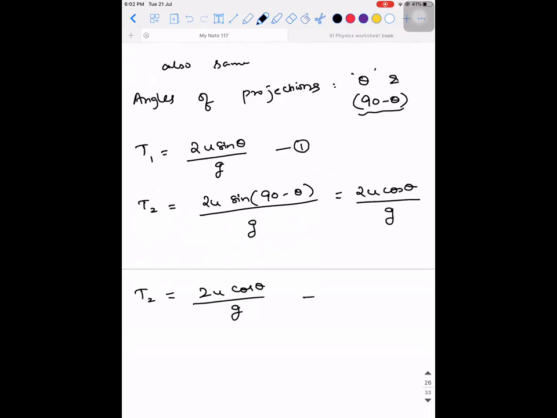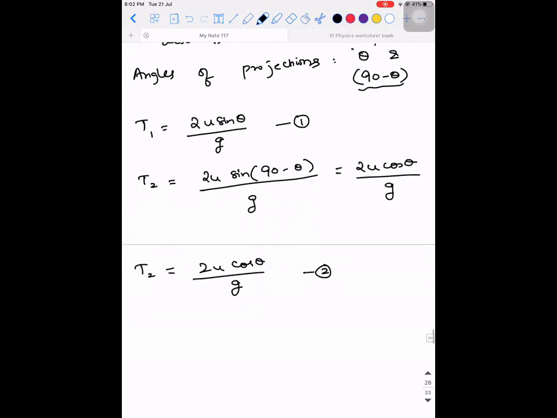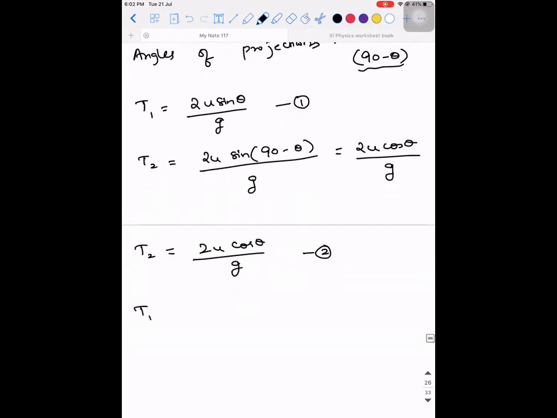They asked for the product of the time of flight. So T1 into T2 will be equal to 2u sine theta into 2u cos theta, the whole divided by g square.